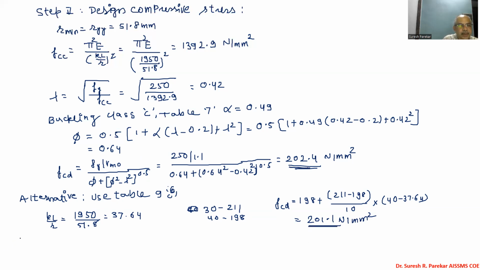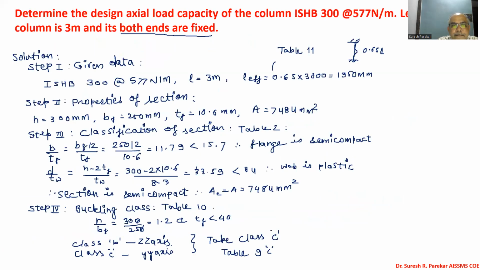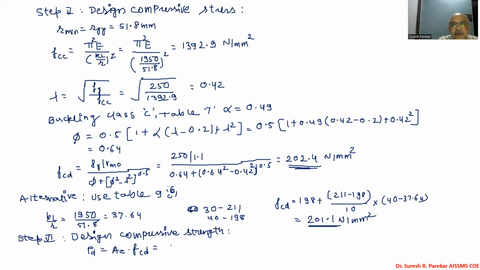And then the last step, step 6, design compressive strength. Pd equal to Ae into Fcd. We have seen the value of Ae, we have 7484.